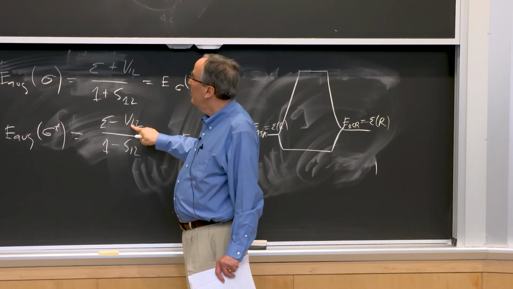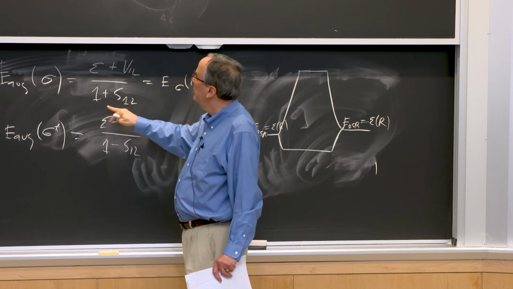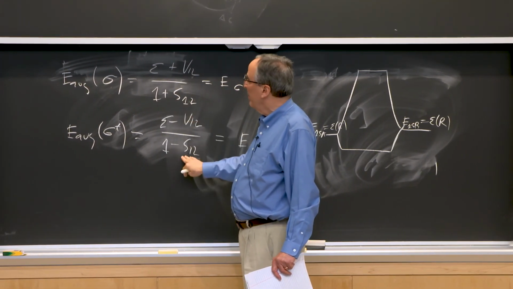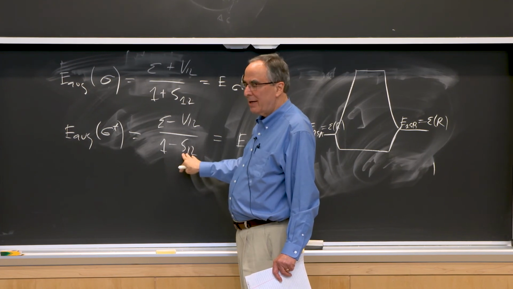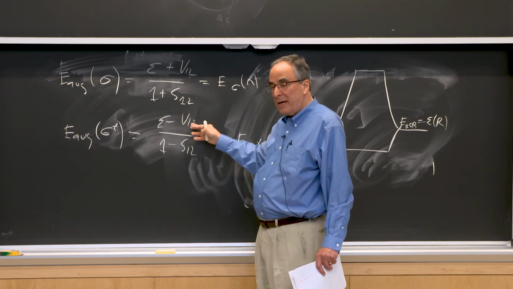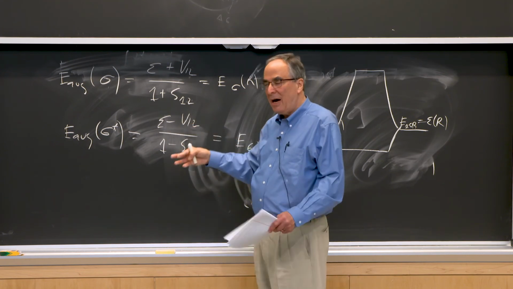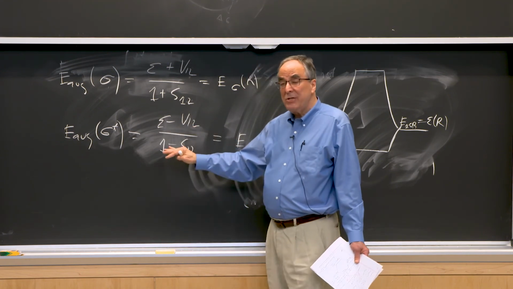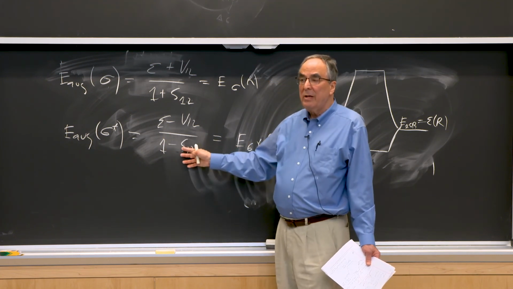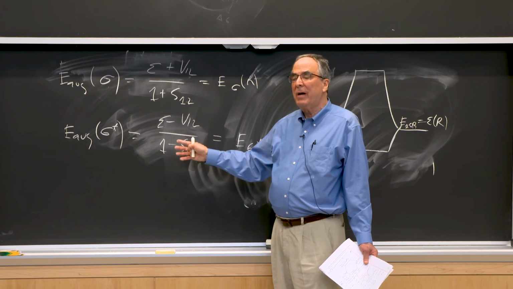And here we have a denominator which is going to be larger for the sigma orbital than the sigma star. So we don't know whether the plus versus minus V is dominant, but the energy denominator is saying the antibonding orbital is more antibonding than the bonding one.